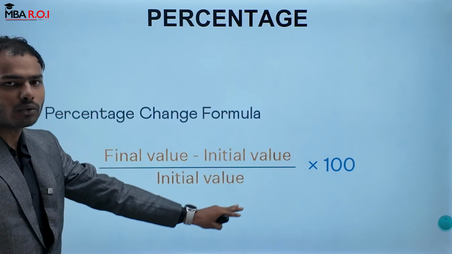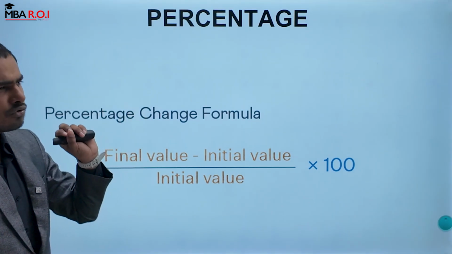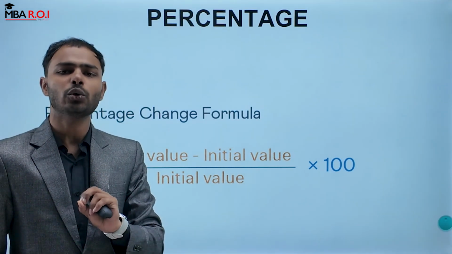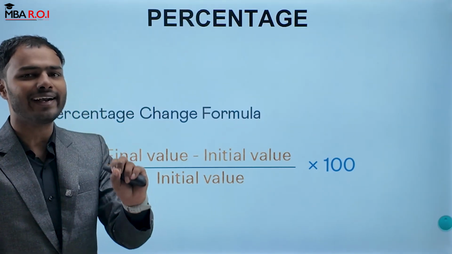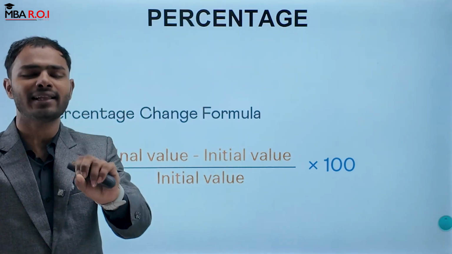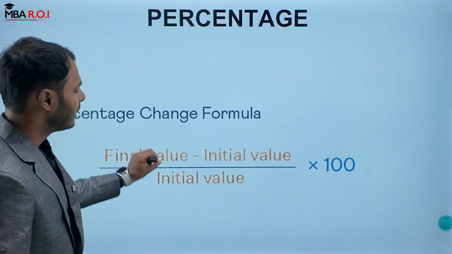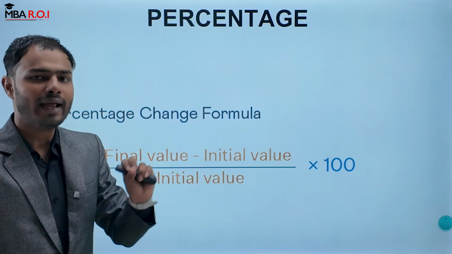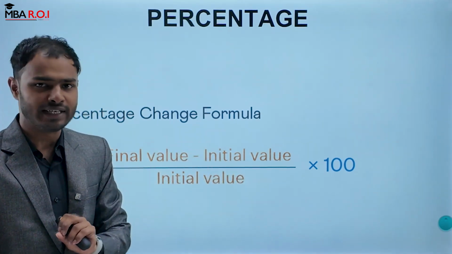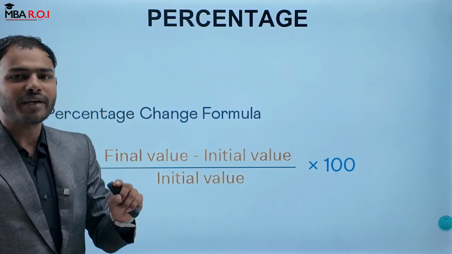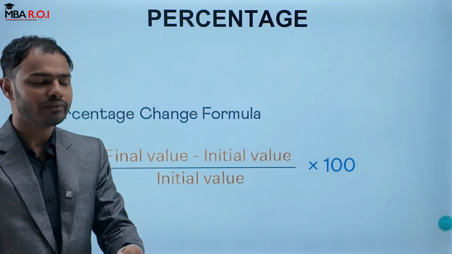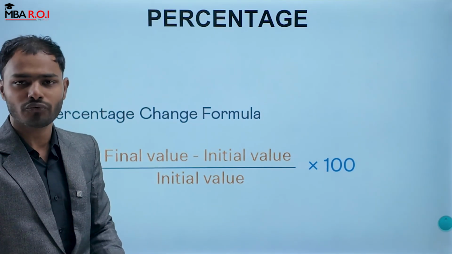A very easy formula. What we need to do is just identify the final value and the initial value from the question, and put them in our formula, and we can easily calculate percentage change.